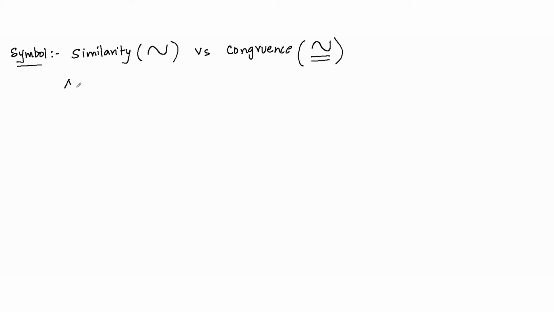If I say that triangle ABC is similar to triangle PQR, let us see what it means. First of all, it means that the corresponding angles are equal.